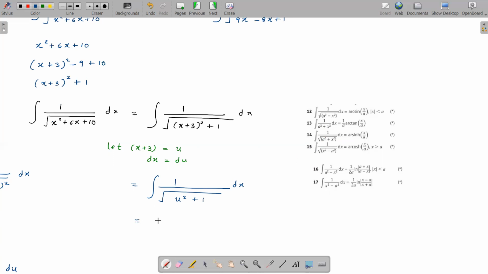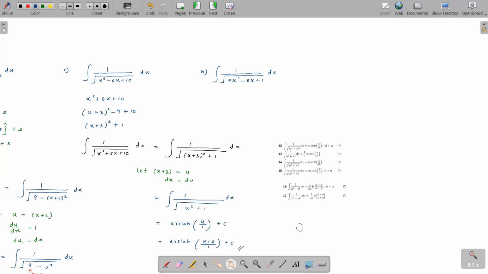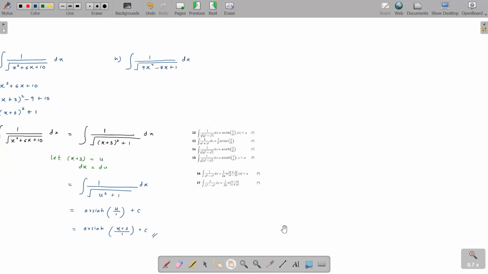So this one gives me arc sinh u over 1 plus c. Then we get here arc sinh, where u is x plus 3. So basically arc sinh (x plus 3). Is that okay? Then let's try the next one, part H.